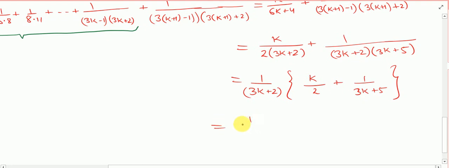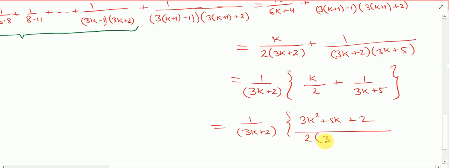So 1 by 3k plus 2, and here simplify it, so you get 3k square plus 5k plus 2, and here you get 2 times 3k plus this.